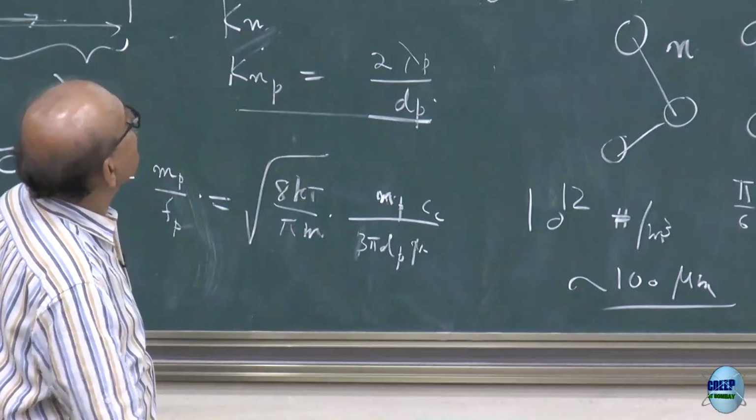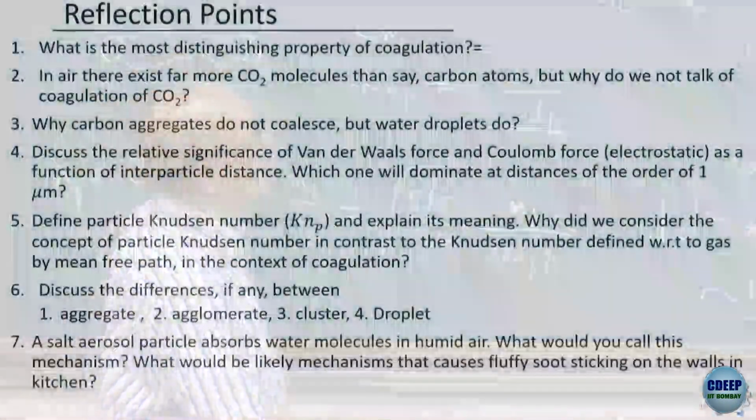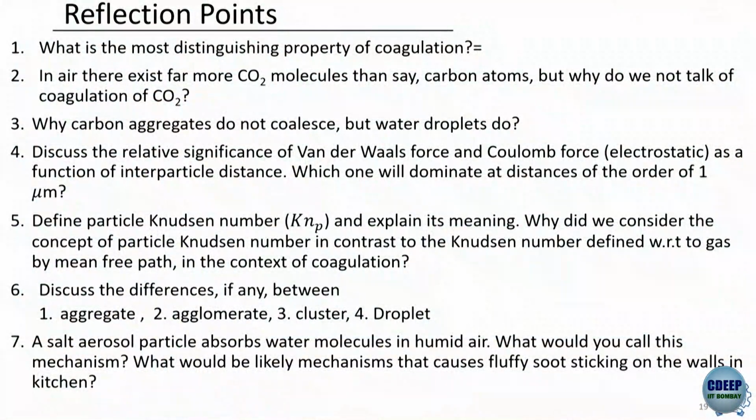So why do carbon aggregates not coalesce but water drops do? You get soot, right? Very ramified structure. Yeah, that's right.